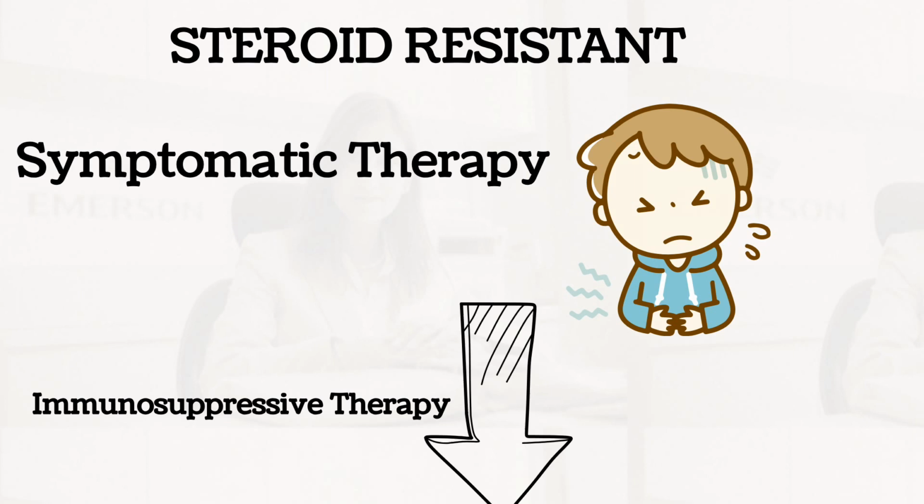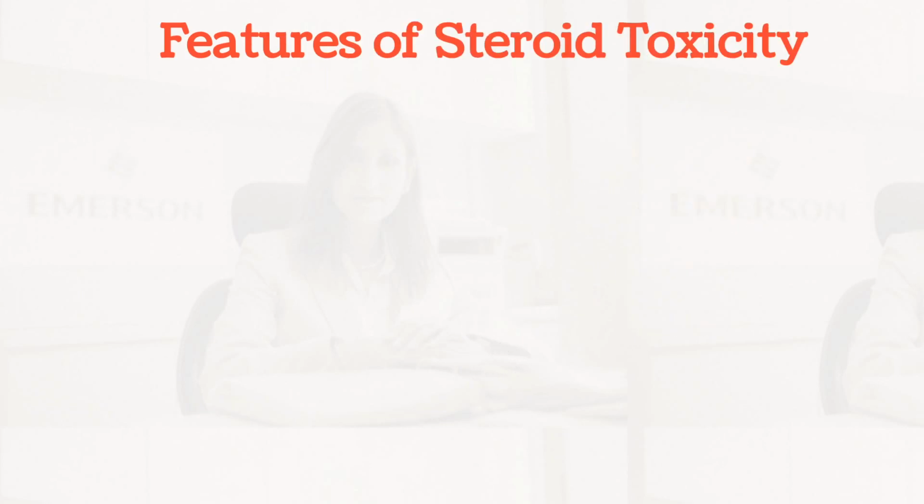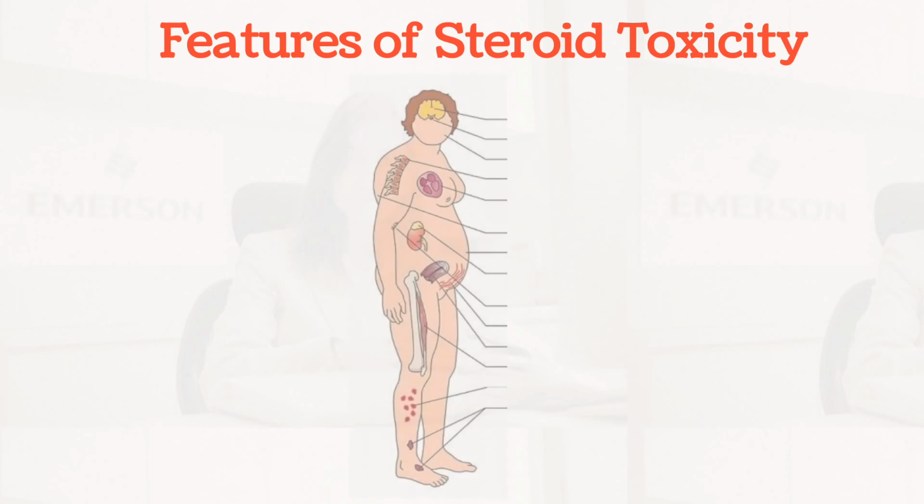Then we also talked about steroid toxicity. There are some important things you are supposed to know about steroid toxicity, such as in the CNS, we have benign intracranial hypertension. We can also have neuropsychiatric conditions where we have dysphoria, depression, psychosis.